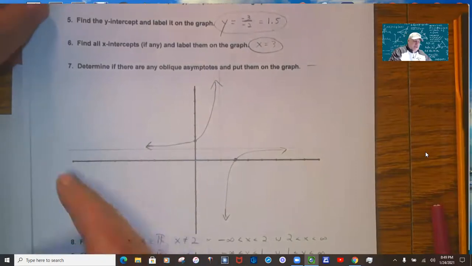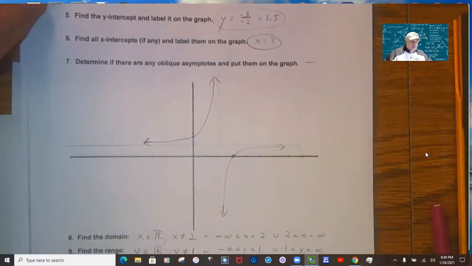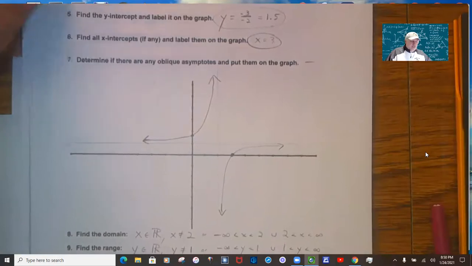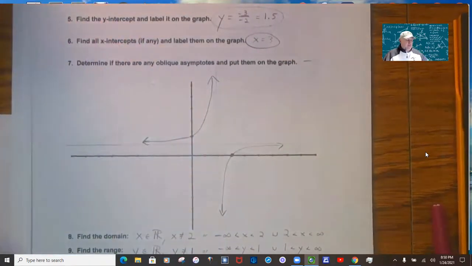And sometimes that line is the x-axis. Also, we're going to have a vertical line that we're going to call the vertical asymptote, and the graph will get closer and closer and closer to that, and there's going to be ways of finding these features on the graph. Sometimes that vertical asymptote is the y-axis.